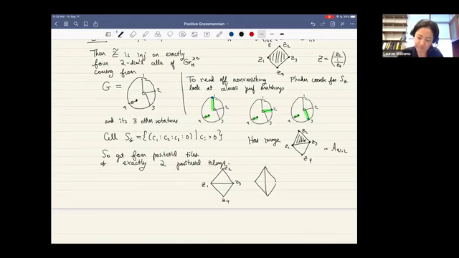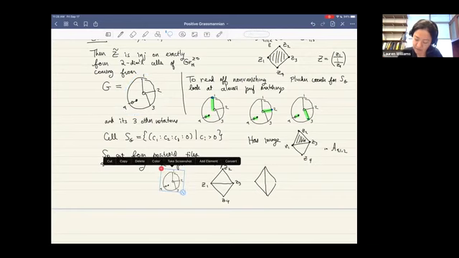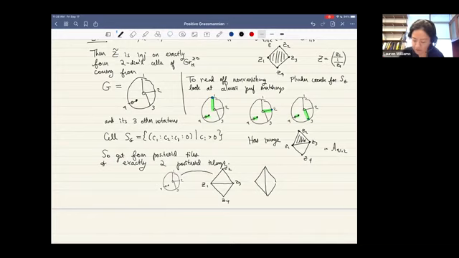And this is the plabic graph which gives rise to the top triangle, and then the plabic graph giving rise to the bottom triangle is going to be this one.